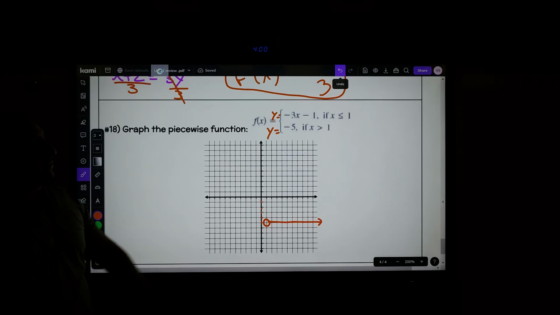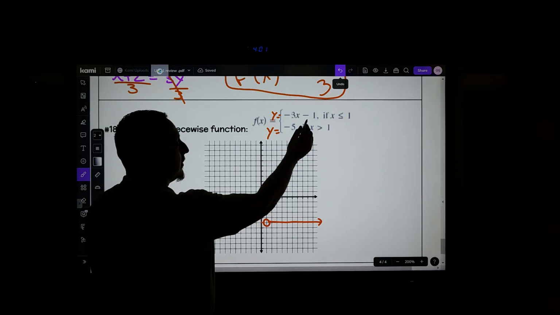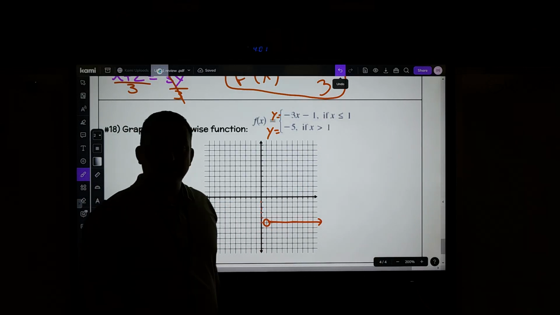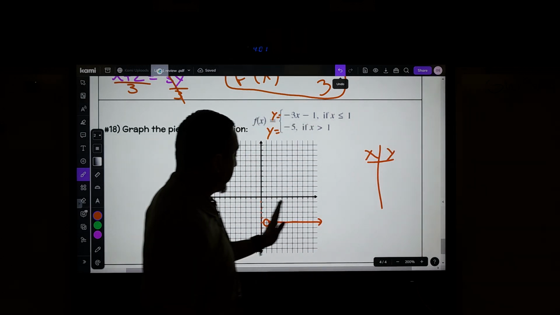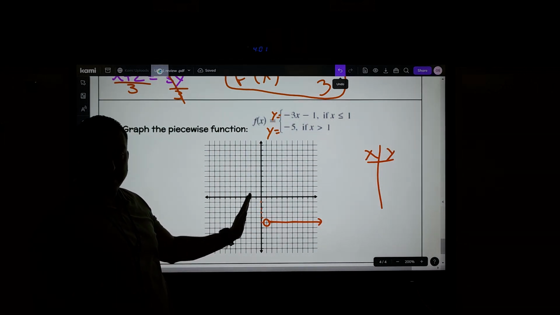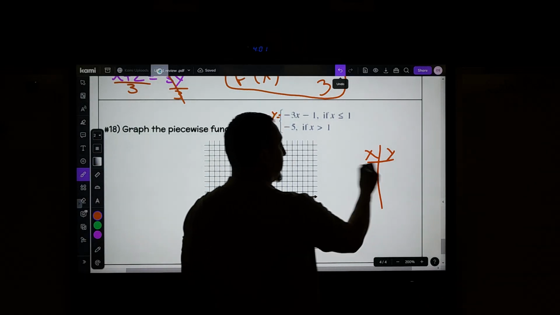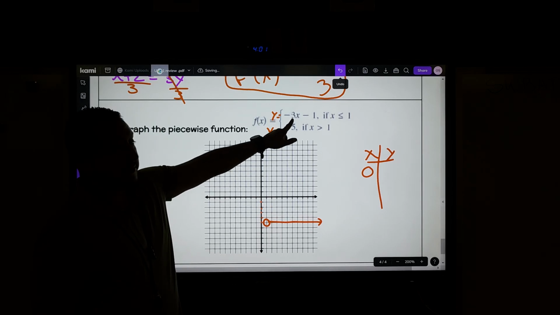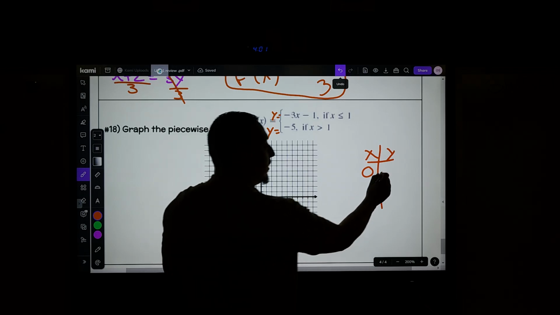Now this one. If you have trouble graphing, make your little table. We've done that a lot. And plug in 0, -1, -2, stuff like that. I'll do that just to show you. Let's plug in a 0. 3 times 0 is 0. 0 minus 1, -1.